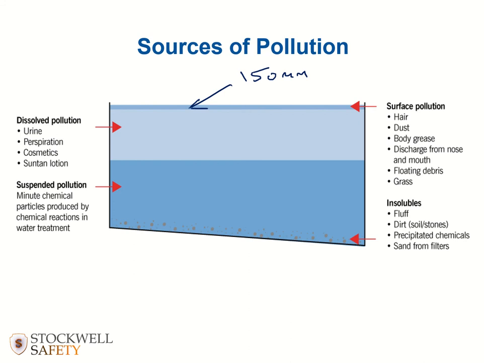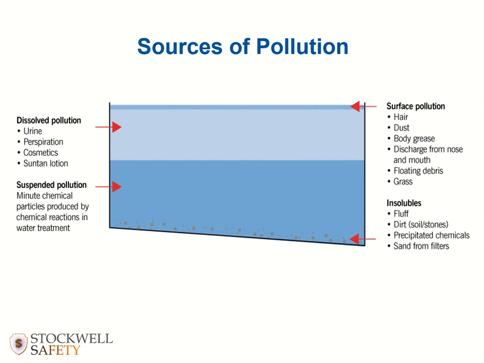That is where most of the pollution actually sits, in that top 150 millimeters, which unfortunately is where, with most swimmers, their nose and mouth are situated, and they're going to be coming into contact with most of that pollution in that area.